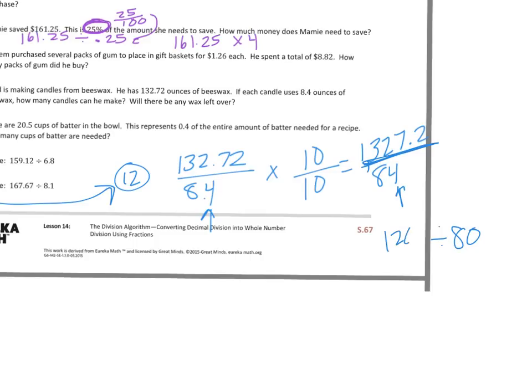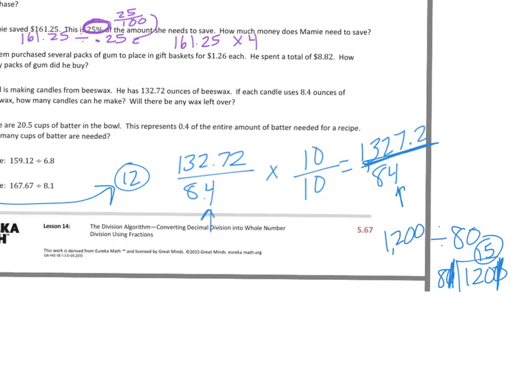But I know it can go into 1,200. So I'm going to end up doing that, and then I can divide by 10, and I would just do 8 goes into 120. So my estimate would be 15.